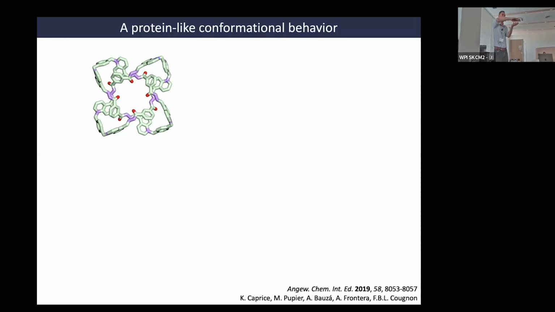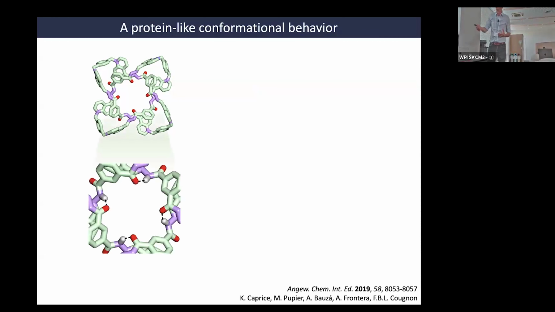All the aromatic units just unstack, and then it breathes out. This is driven by the fact that the Solomon link tries to increase the amount of apolar surface with the environment, which is now less polar. And then it starts forming intramolecular hydrogen bonds between the oxygens here and the neighboring NHs that stabilize this conformation.